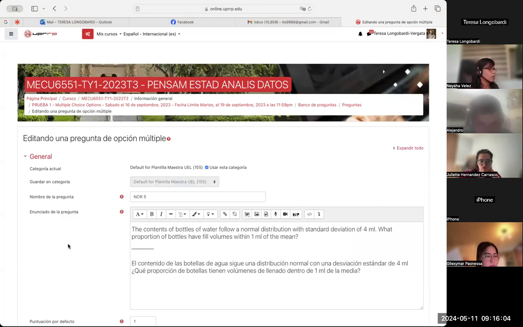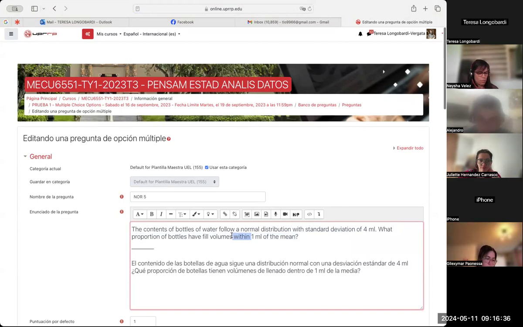Contents of bottles of water follow a normal distribution with a standard deviation of 4. What proportion of bottles have fill volumes within? Okay, so this kind of statement is studied in the homework assignments, and the homework assignments are filled with old exam questions. You would understand better if you were able to get through that or saw that.